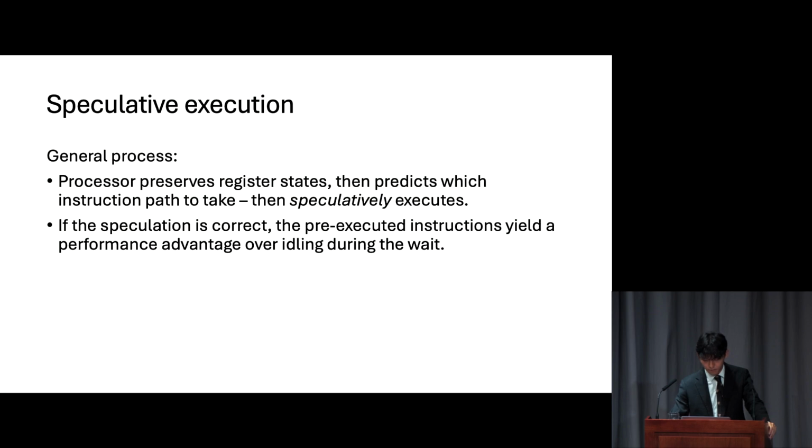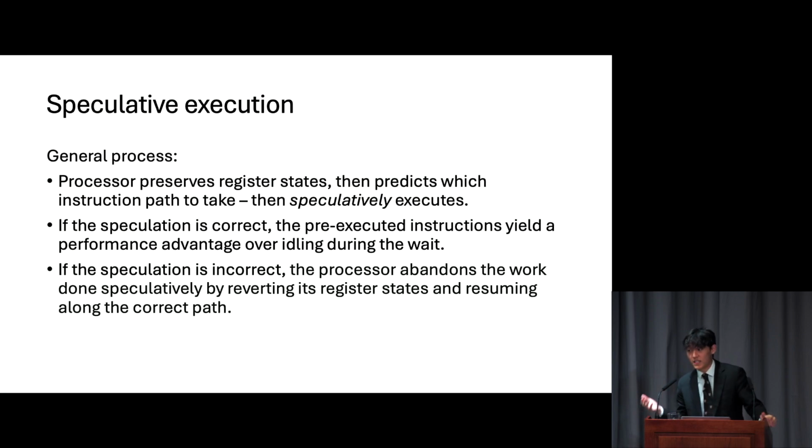If the speculation is correct, the pre-executed instructions yield a performance advantage over idling during the wait. Of course, while doing nothing, we do something, and that something happened to be what we were going to do anyways. If the speculation is incorrect, the processor abandons the work it's done by reverting its register states and everything and resuming along the correct path. So theoretically, we lose nothing compared to idling during the wait.